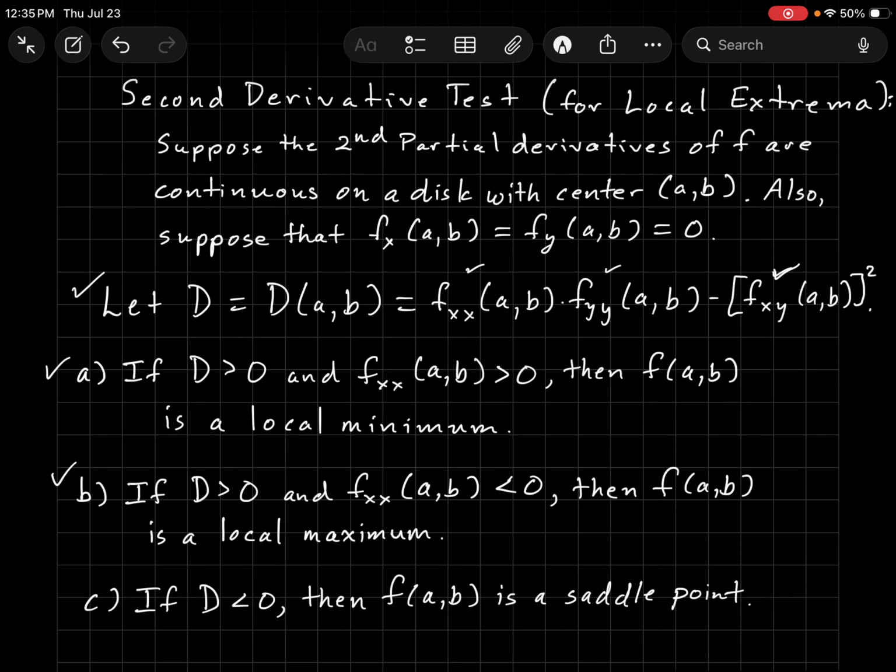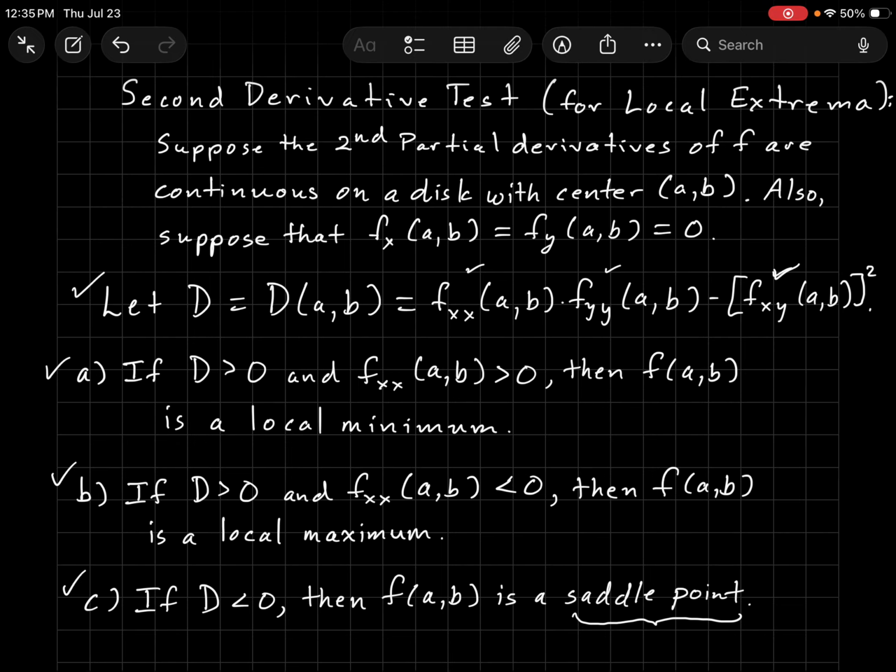And I'm going to tie this back to single variable in just a bit. But we have something else that occurs in multivariable that we don't have in single, which is the following. What if this D value is negative? Then f does not have either a max or a min there, but instead has something called a saddle point.